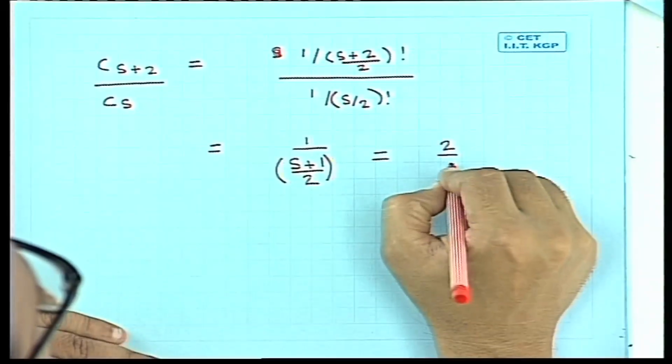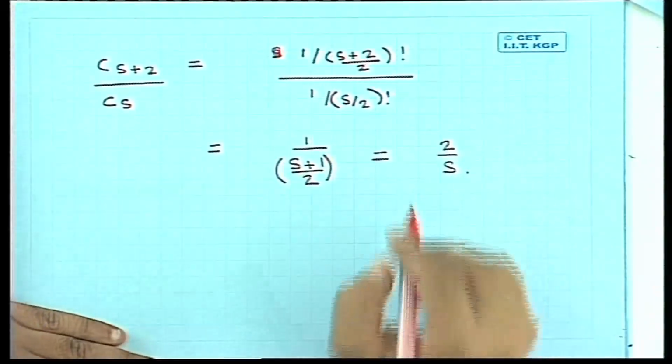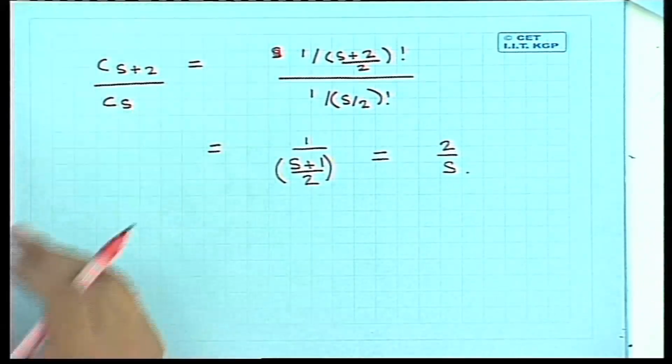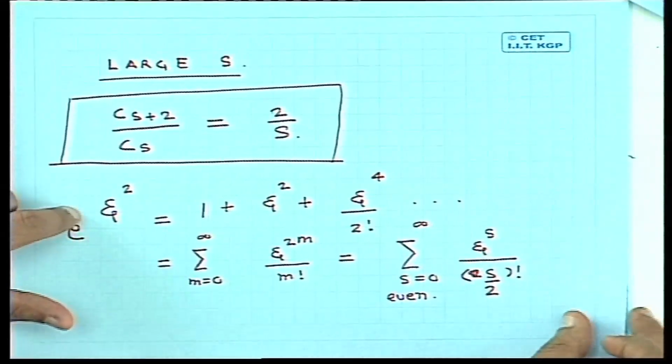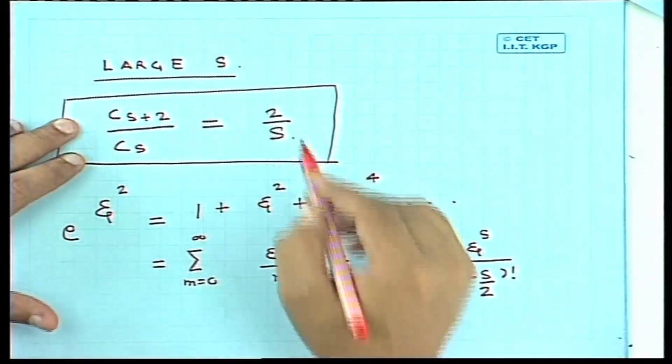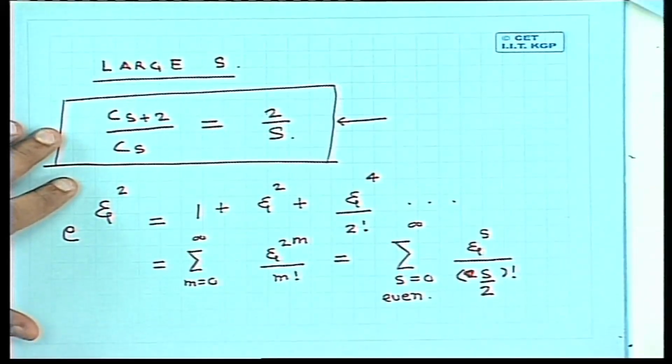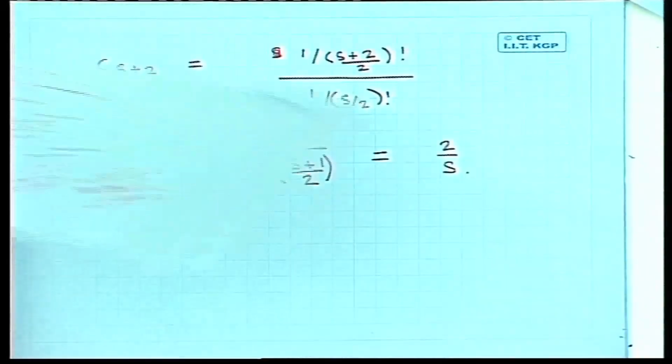For large s this is just equal to 2 by s. So what we find is that if we do a Taylor expansion of this, the coefficients satisfy this same relation for large s.